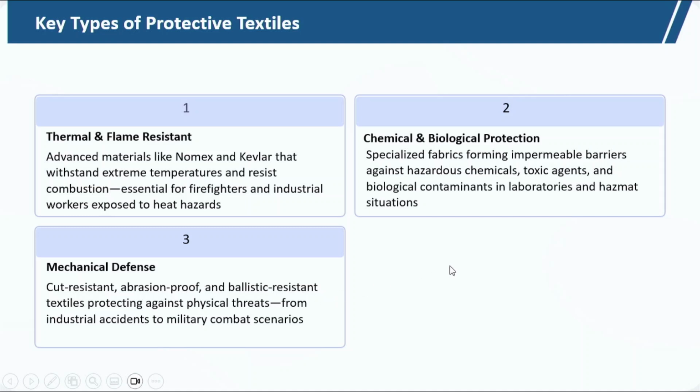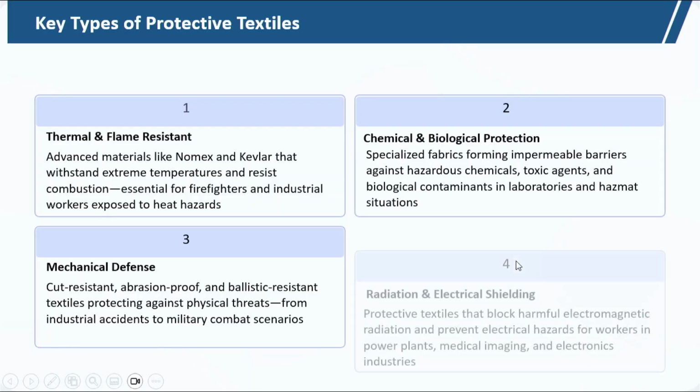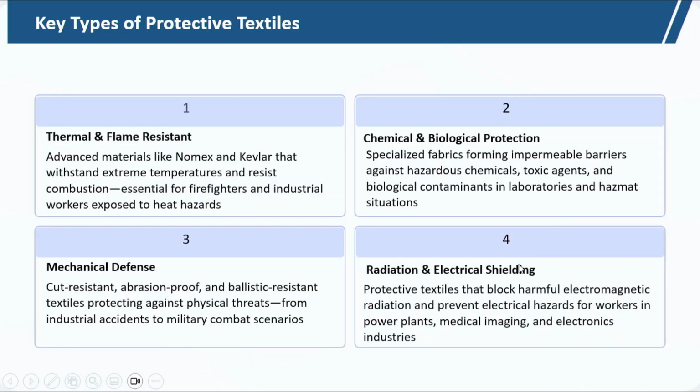And the fourth one is radiation and electrical shielding. There is radiation protection like UV radiation and electromagnetic shielding; we can protect ourselves from different types of radiation.